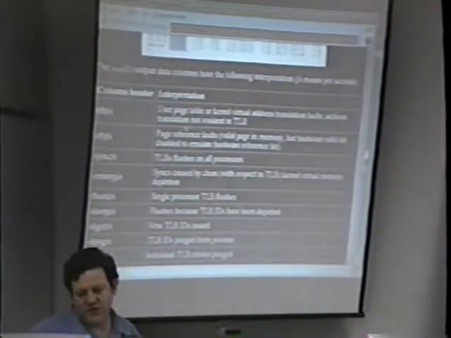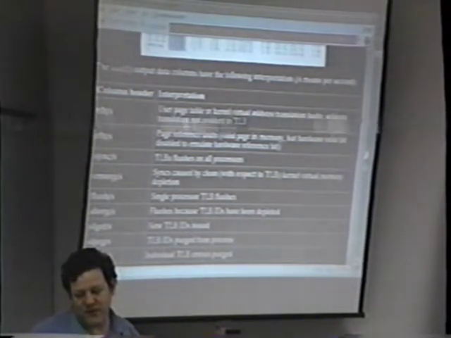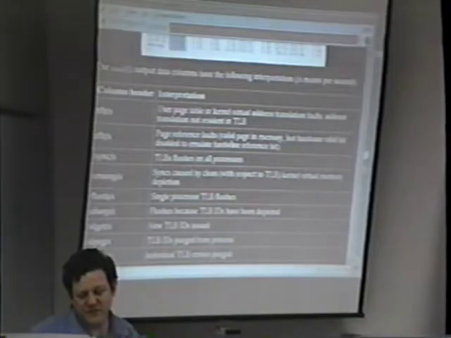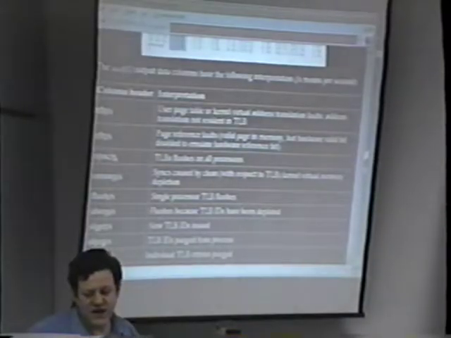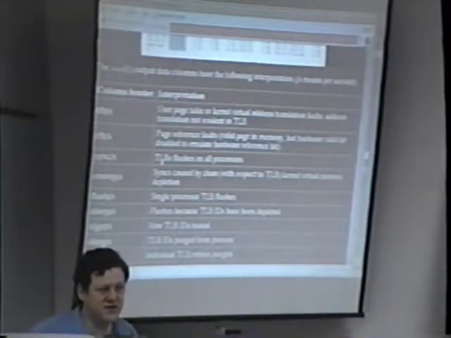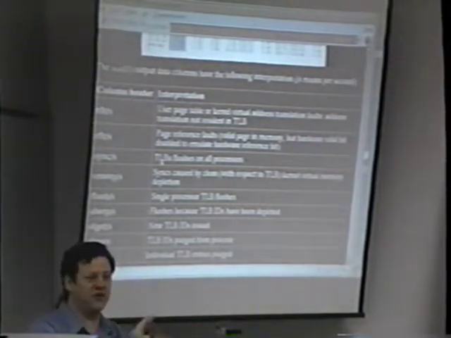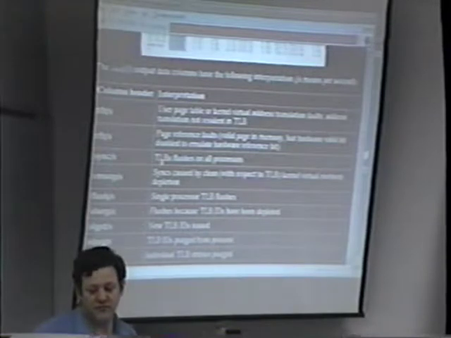But T-faults are simply saying the address is not resident in the TLB. R fault says that the valid page is in memory, but there was this page reference fault, a hardware valid bit disabled to emulate a hardware reference bit. There's a sync operation that says all TLBs on the system are going to get flushed. And that's used in page migration, so we're going to flush all the TLBs on all CPUs.